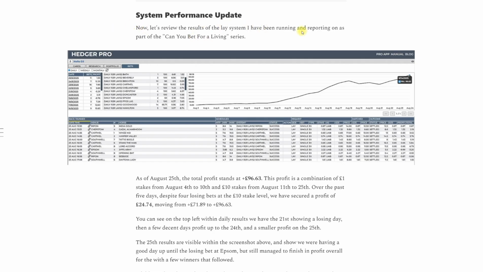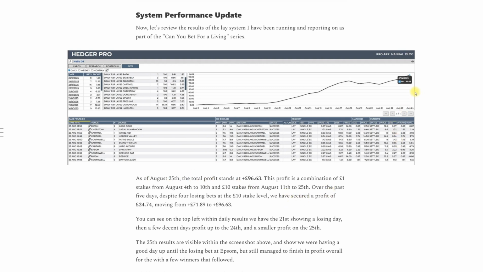And these are the latest results in a post I put up yesterday. So betting £10 from the 4th of August to the 25th of August. No, it's from the 4th of August to the 10th of August it was £1, and then from the 11th of August to the 25th, it was £10. So it was £1 initially, then £10 when I was happy with the system.